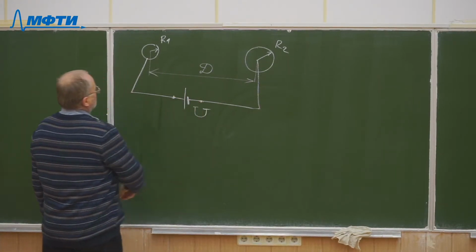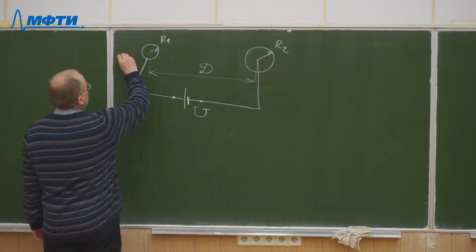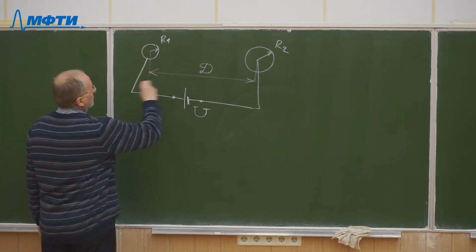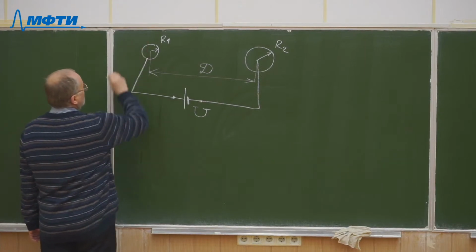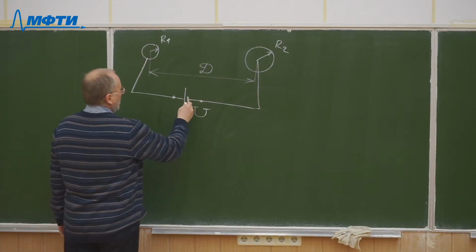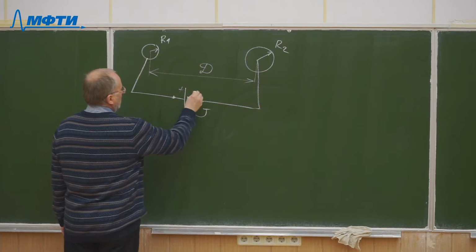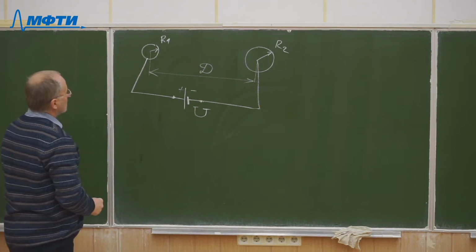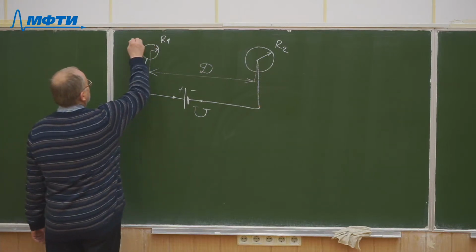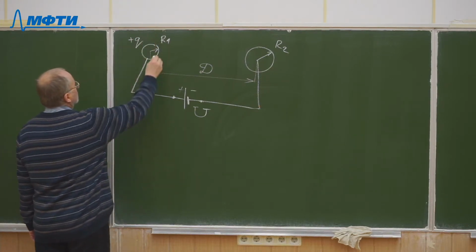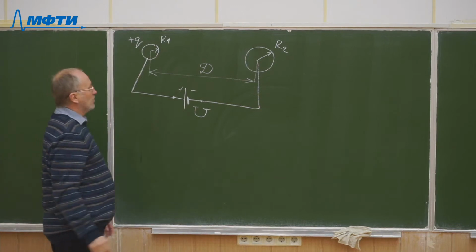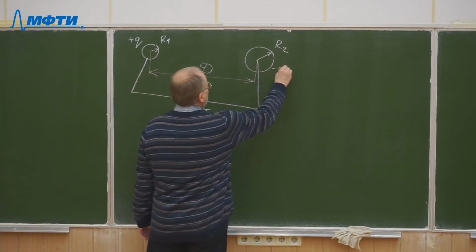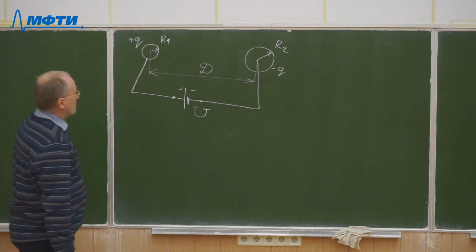And the question is, what charge will be accumulated on each of these balls? So if we have here a plus terminal and a minus terminal of the battery, it means that some plus Q, the charge, will be accumulated on the left ball, and some minus Q will be accumulated on the right ball.